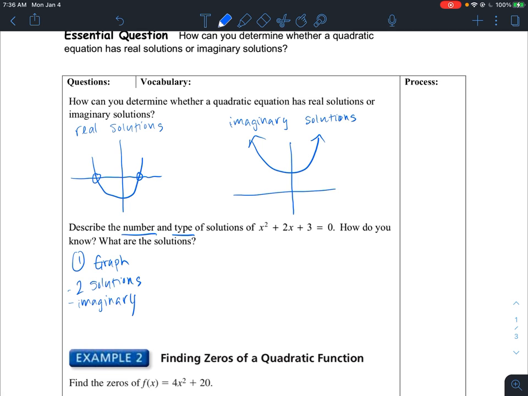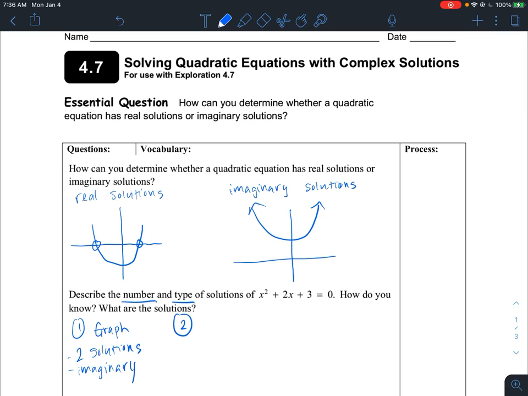Another method of doing this is to use the discriminant. If you remember, the quadratic formula I'll write up here was x is equal to negative b plus or minus the square root of b squared minus 4 times a times c, all over 2a. The discriminant was what was under here.